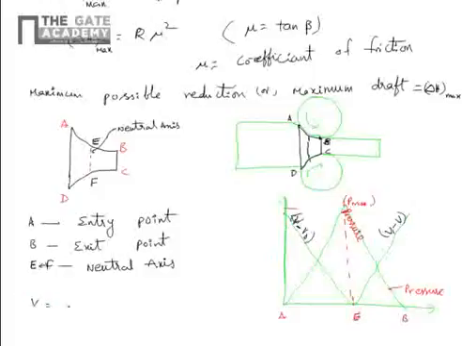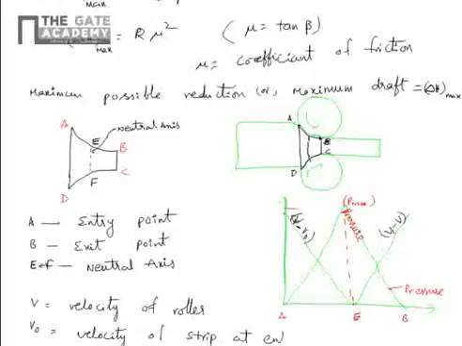What is V and V naught? V is the velocity of rollers, V naught is the velocity of strip at the entrance, at the entry point.